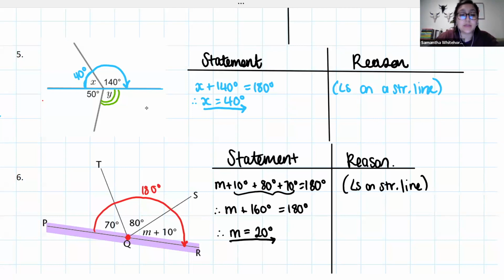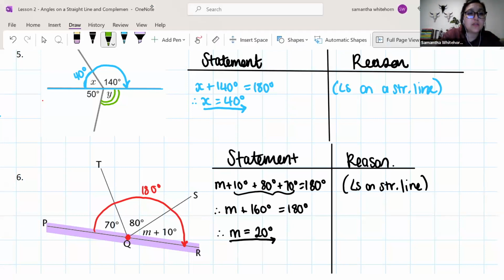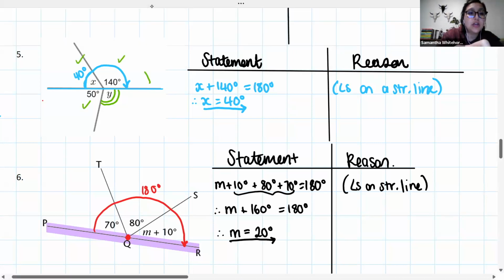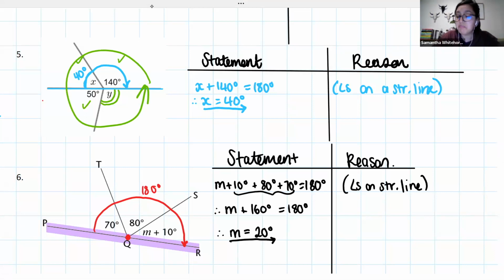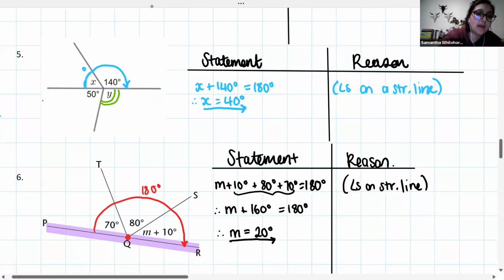This is why I was saying there's 2 ways you could find Y. The first way is because you have 140, 40, and 50, you actually have angles around a point. So if you wanted to use angles around a point equal 360 degrees, no problem there whatsoever. Because this lesson is about angles on a straight line, what we see is that Y and 50 degrees are also adjacent angles on a straight line.